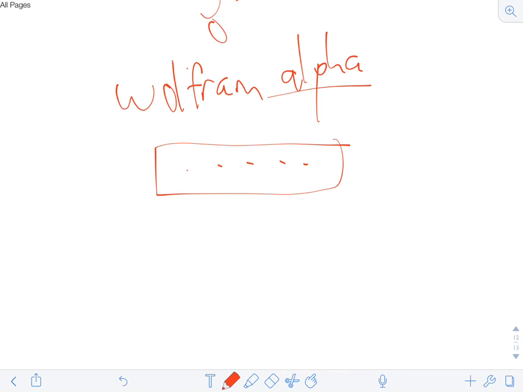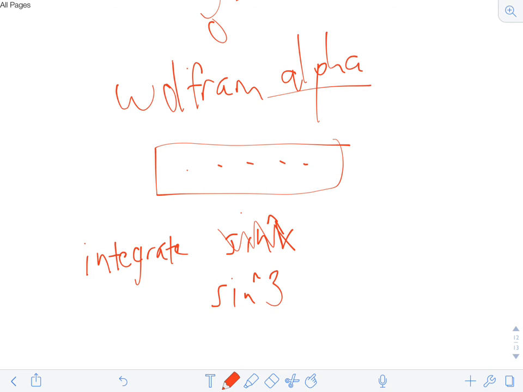Let me just see if I can do that. It's computing. Okay, so I was able to do that. What I typed in there was integrate, and then I wrote sine, S-I-N, put the caret there, 3 for the exponent, x from 0 to pi, and then hit return.